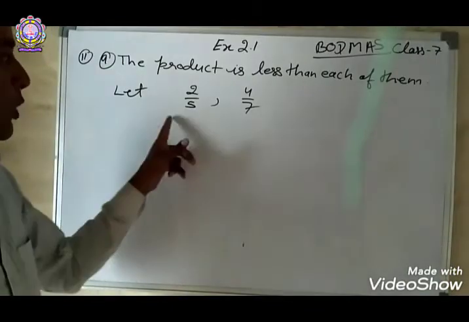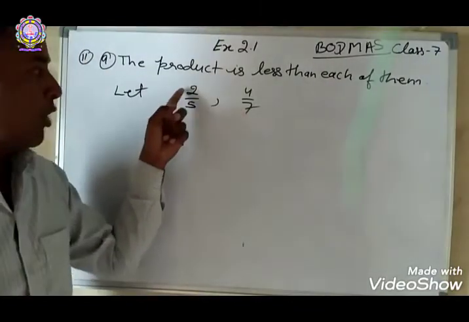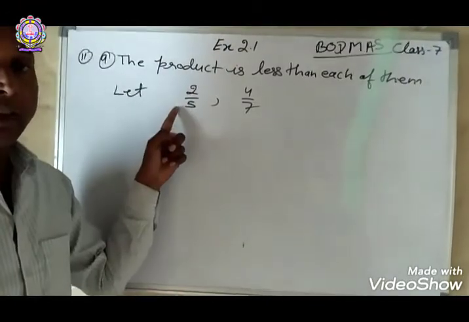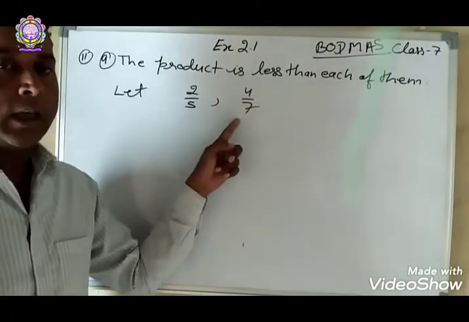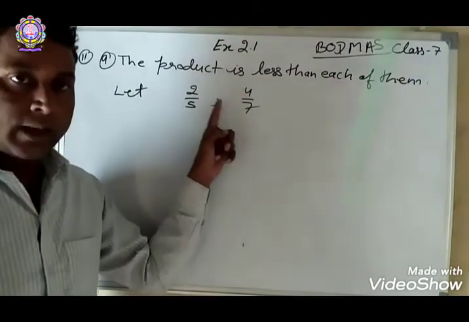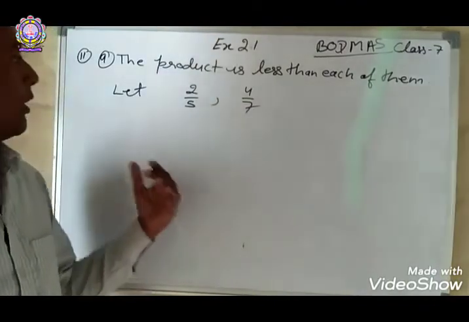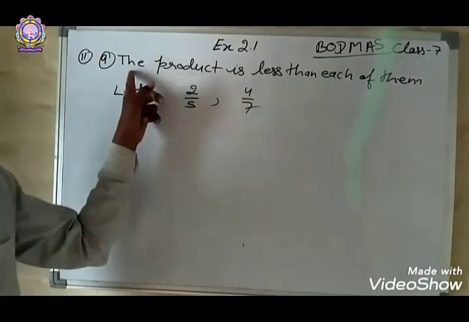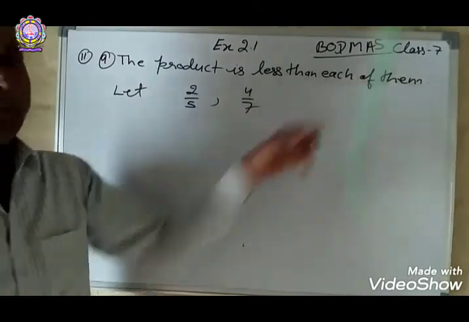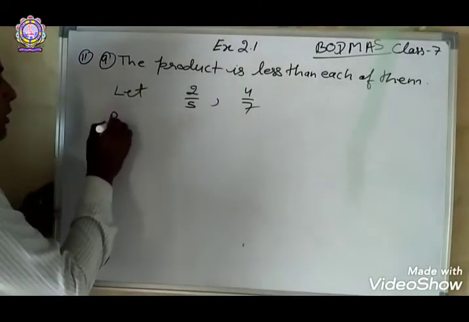You check both are proper fractions. 2 upon 5, 2 is less than 5. Here 4 upon 7, 4 is less than 7. And now check the product. The product is less than each of them. Check the product.